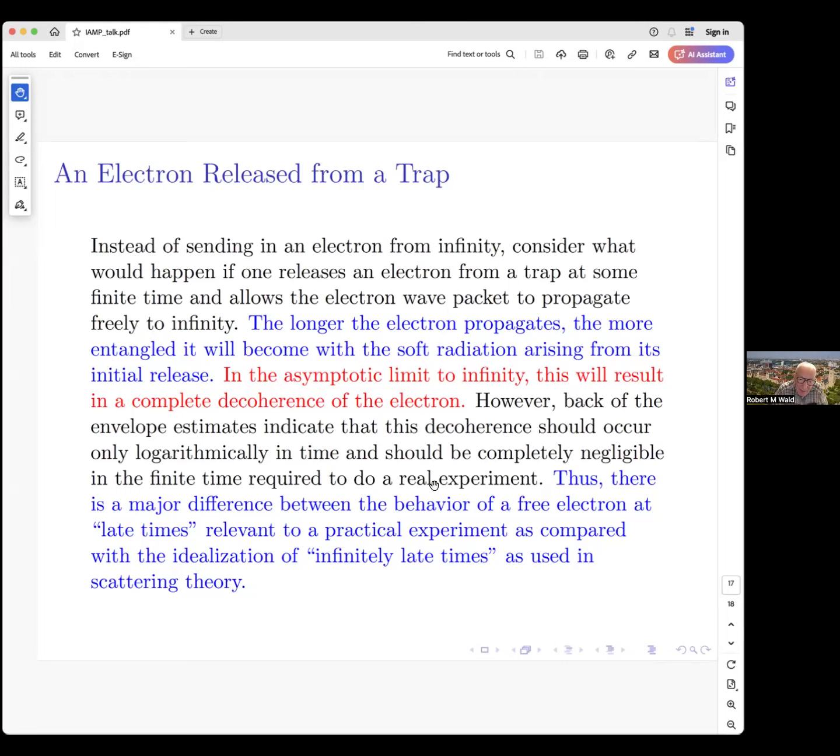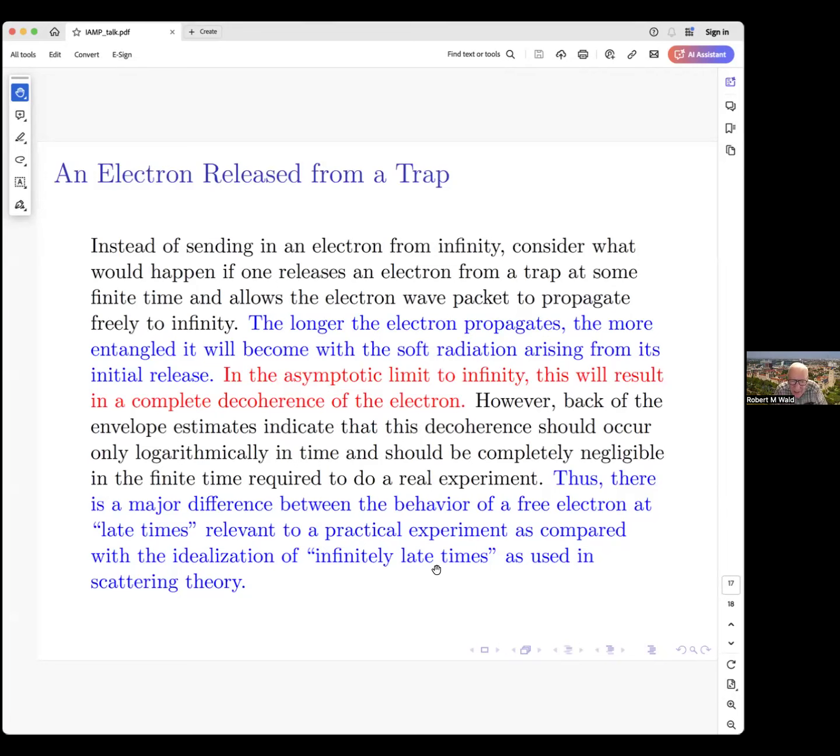So the punchline of what I'm trying to say here is that if you release an electron and make it a free electron in your laboratory and let it propagate out toward infinity, and you look at the late times relevant to a practical experiment, you go to a far away part of your laboratory and look at the electron reaching the apparatus far away, that's extremely different from what is actually going to happen at infinitely late times to this electron.